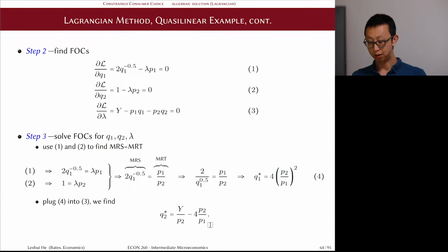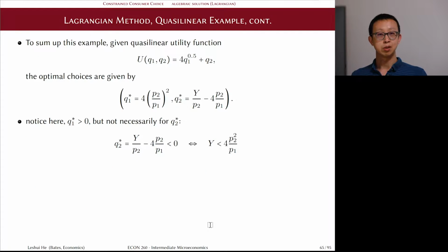This problem now appears exceptionally simple. By using the Lagrangian approach, we found that the optimal solution for Q1 and Q2 that maximizes utility subject to the budget constraint are given by these two expressions here, Q1 star and Q2 star.